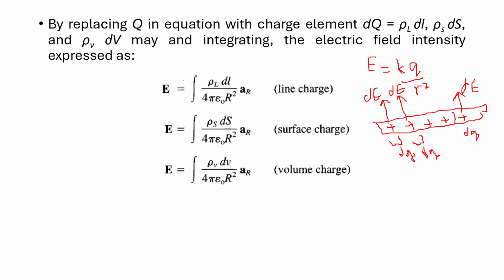So dE, to find the total electric field, the E total here on the line, equals the summation of the differential electric field.